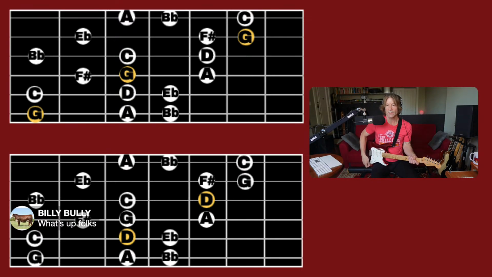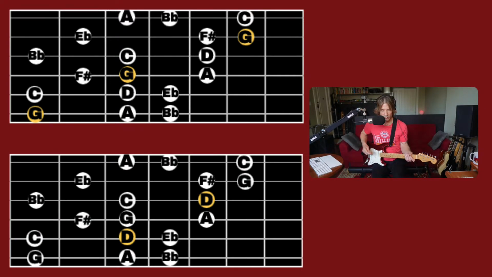So now check this out. We'll run through this a little bit more. A little backing, actually a little loop that I created. And on the G chord, I'll play the top graph. And on the D7 chord, I'll play the bottom graph.